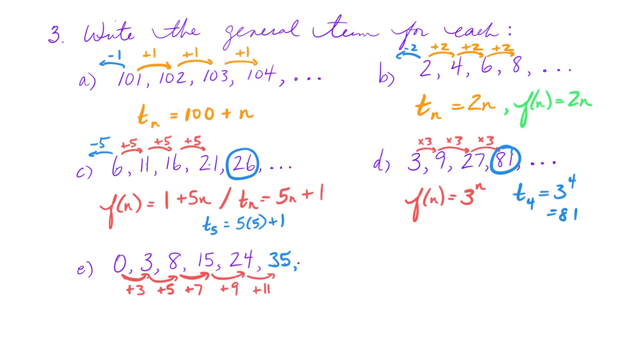Okay, what could I do for that in terms of a pattern? Well, I take a peek and I notice that maybe if I was to write out, that's term 1, that's term 2, that's term 3, that's term 4, that's term 5. I'm starting to take a look at what's happening to my term number that gets me to the term value. And so when I sub in a 1, I have to get a 0.